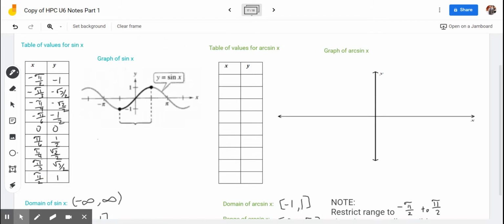So what we'll have here, if we take a look at this table of values, we're switching the x and y coordinates.